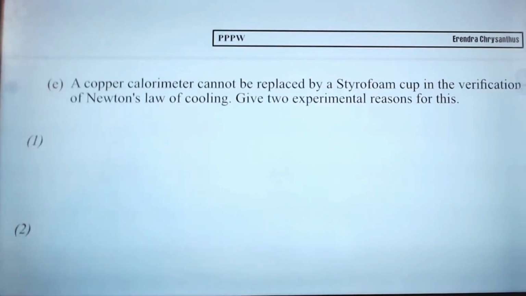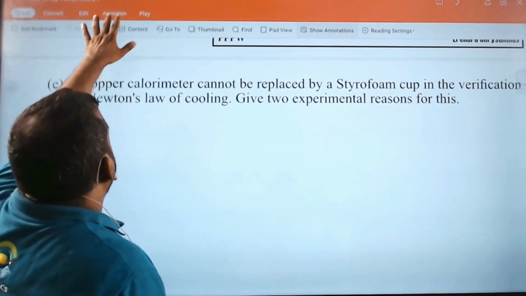Copper calorimeter cannot be replaced by styrofoam cup in the verification of Newton's law of cooling. Give two experimental reasons.